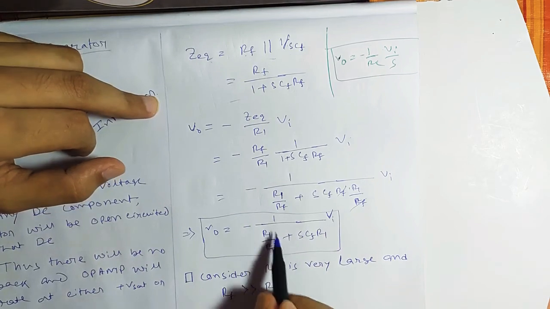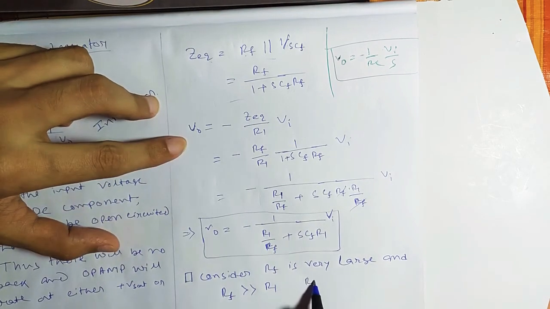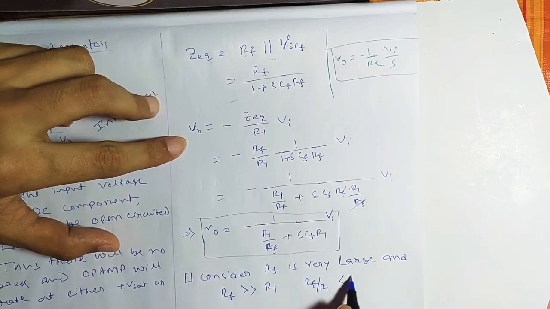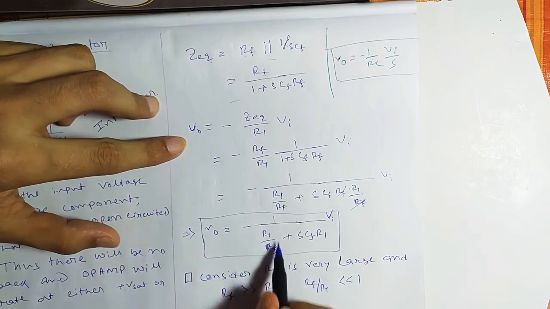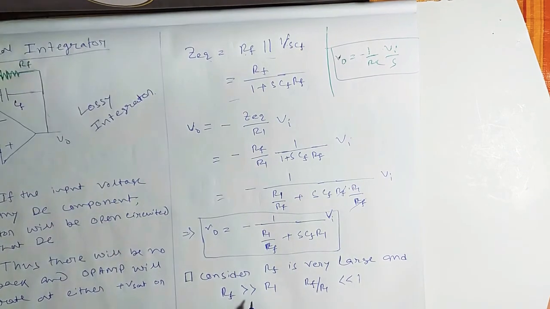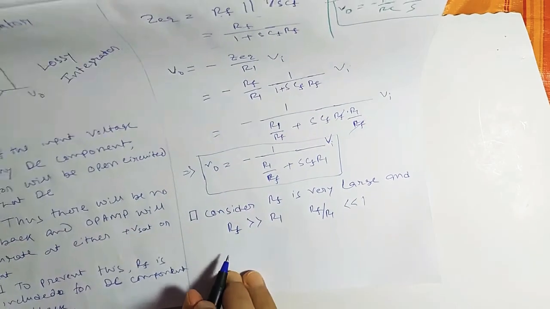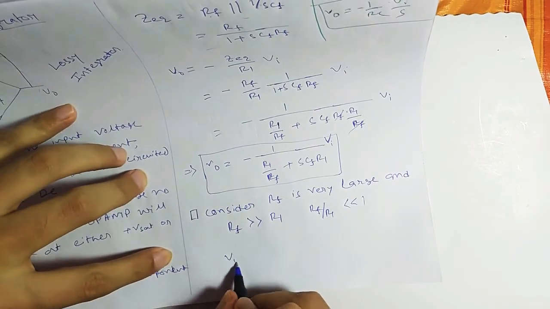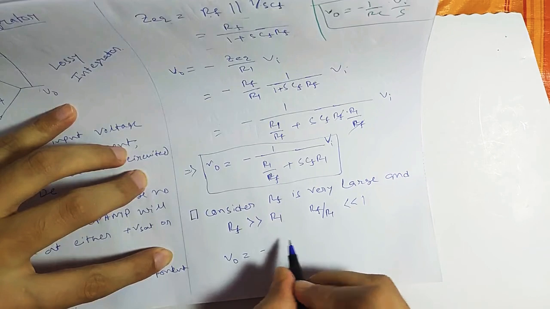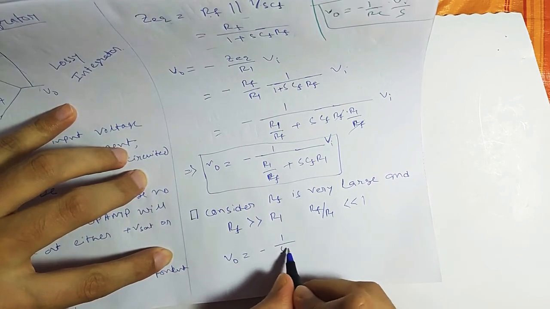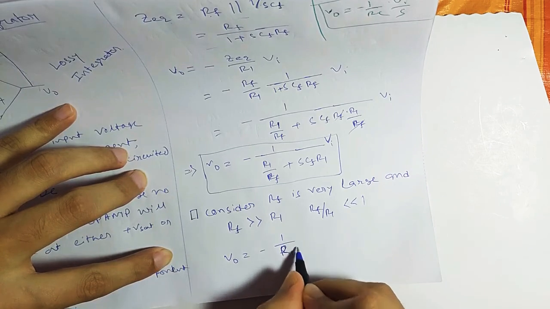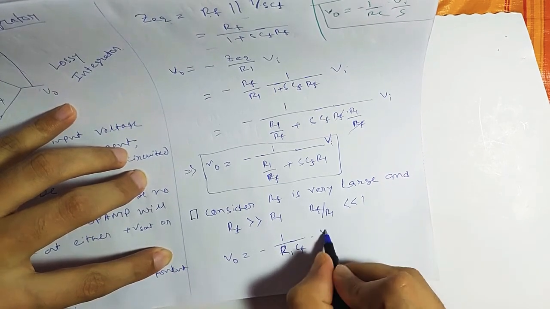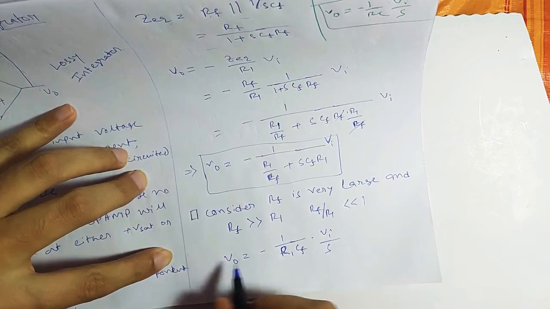So RF by R1 is much less than 1, and we can ignore this part, and V0 will be equal to minus 1 by S R1 CF into Vi by S.